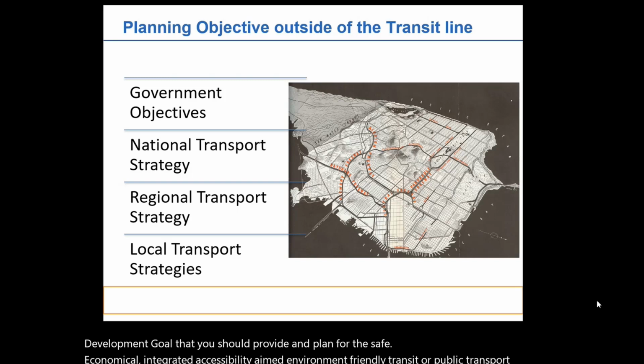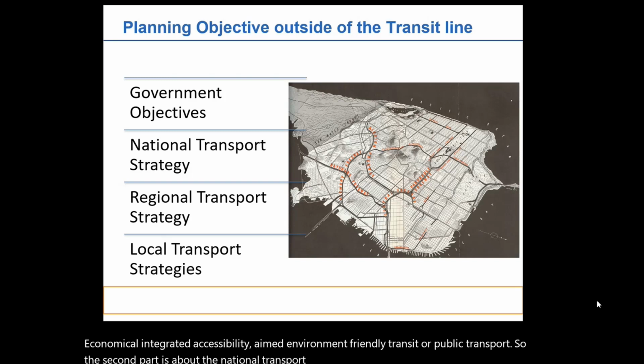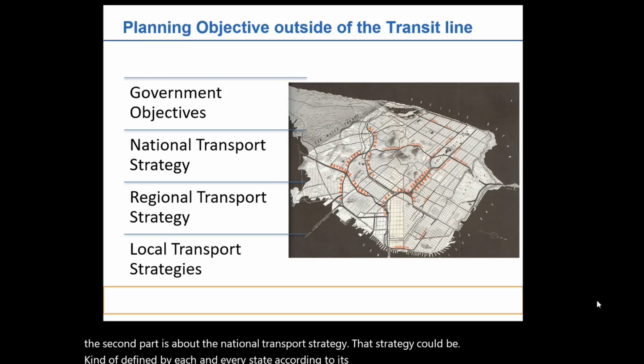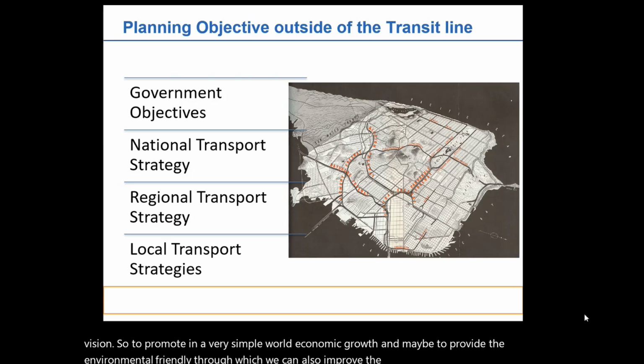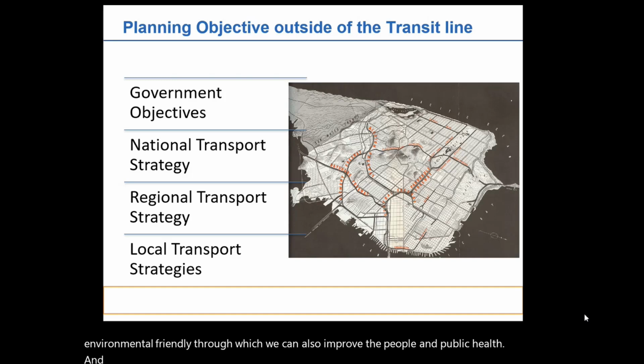So the second part is about the national transport strategy. That strategy could be defined by each and every state according to its key performance indicators or their vision. So to promote, in very simple words, economic growth, and maybe to provide the environment friendly, through which we can also improve people's and public health, and also to provide the sustainable public transportation which has less emission, and also to improve the safety of any journey, to reduce accidents.